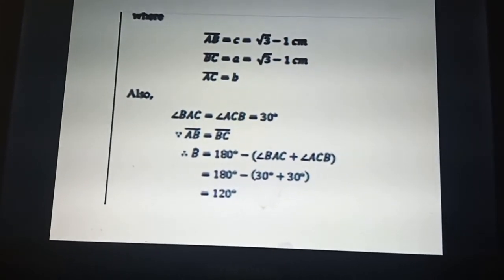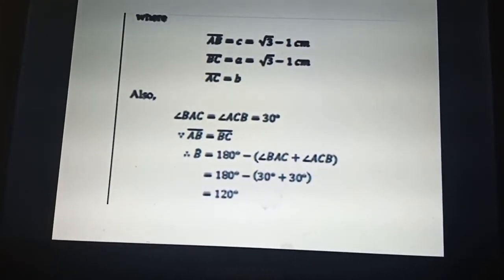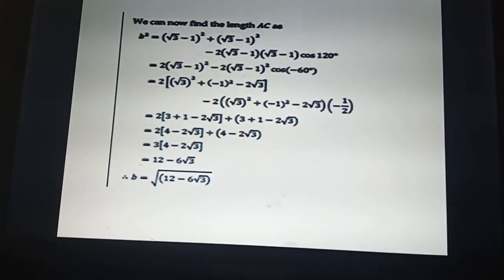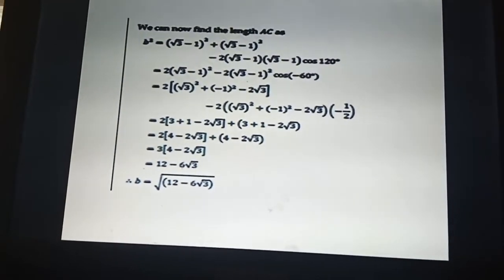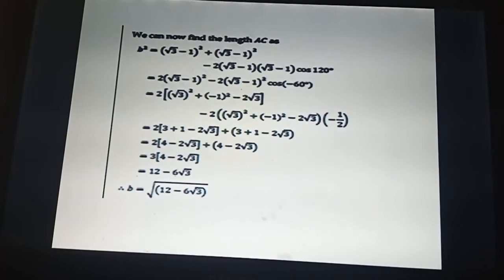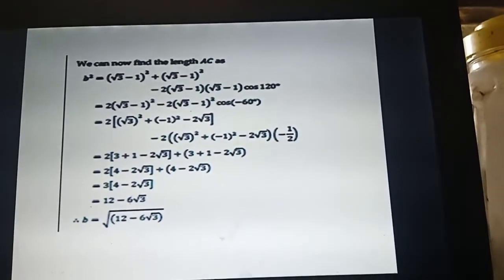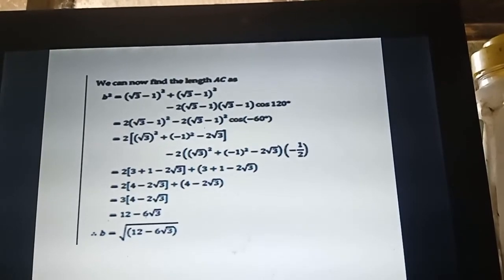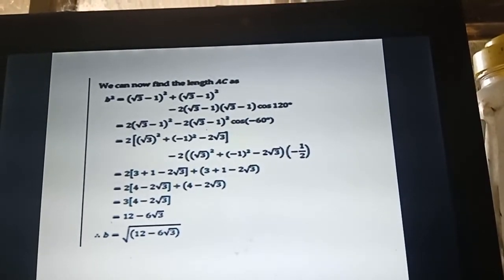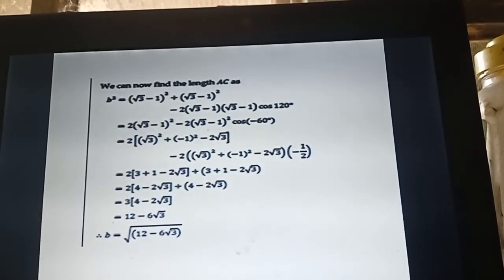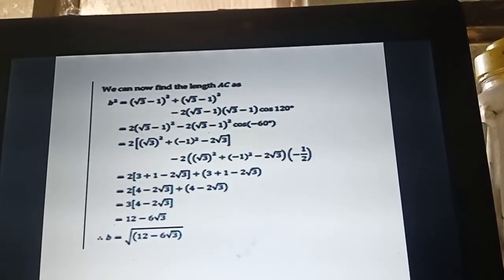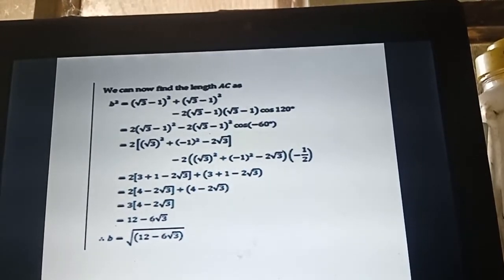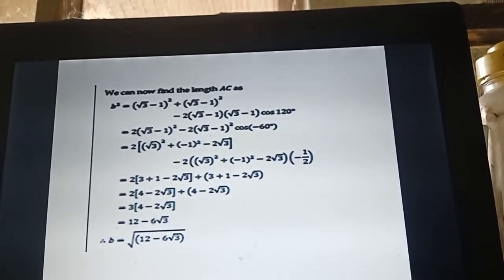So from here, we can now find the length of AC. The length of AC is equal to b square is equal to root of 3 minus 1 square plus root of 3 minus 1 square, minus 2 root of 3 minus 1 times root of 3 minus 1 cos 120.